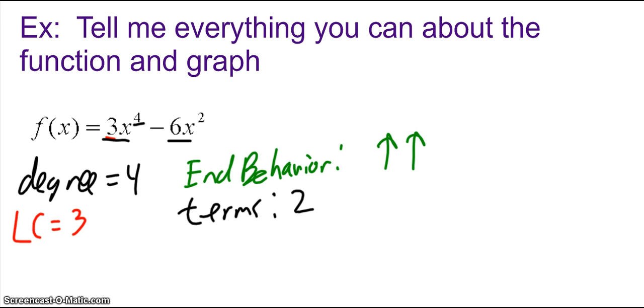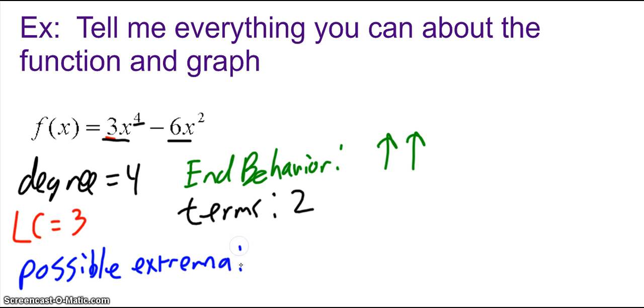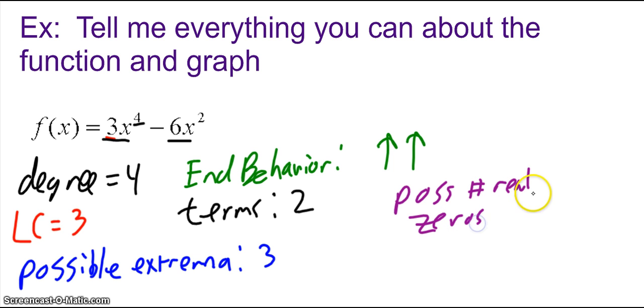The possible extrema, or number of turns, is the degree minus 1, so that's going to be 3. The possible number of real zeros is the degree, so that is going to be 4.